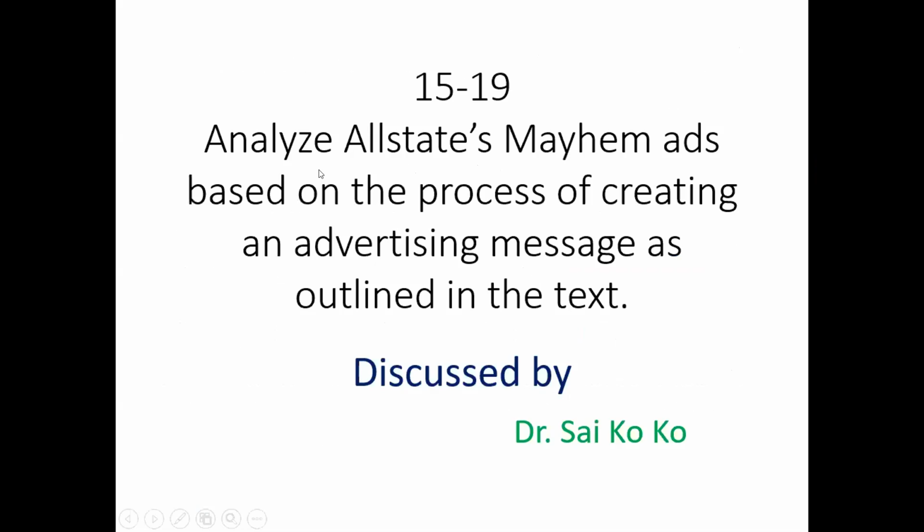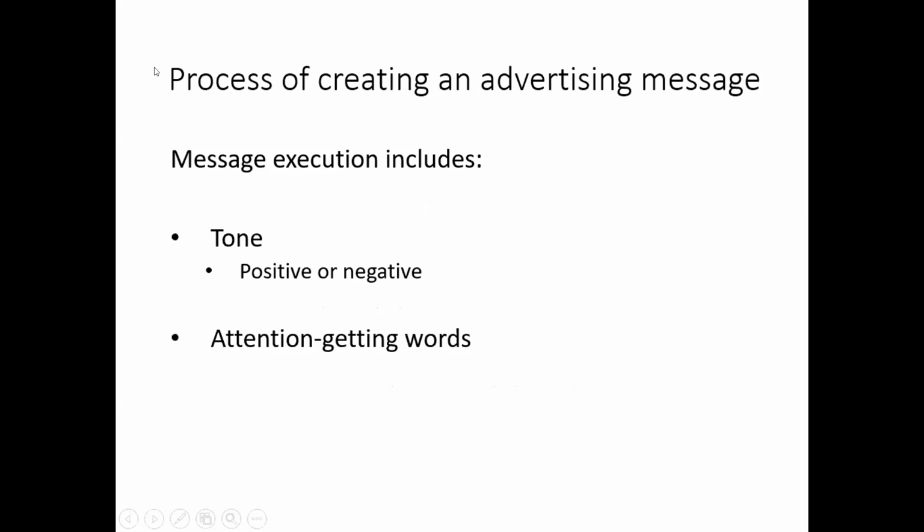The next question is to analyze Allstate's Mayhem advertisements based on the process of creating an advertising message as outlined in the text. In the process of creating an advertising message, execution includes tone, positive or negative, and attention-getting words.